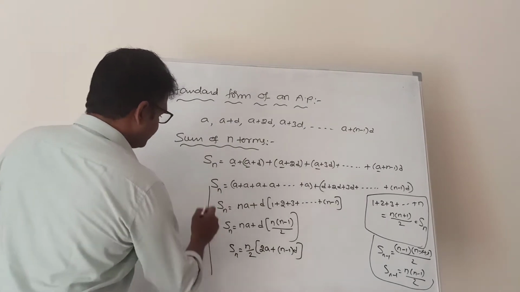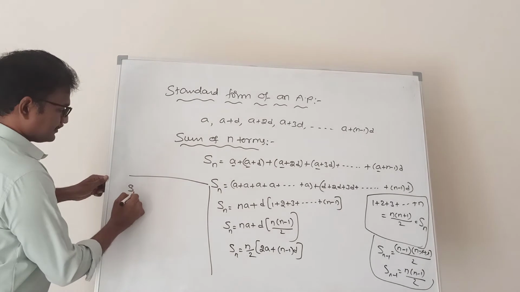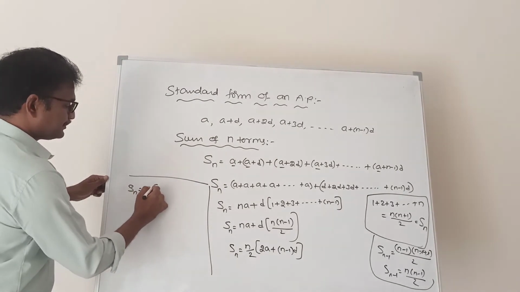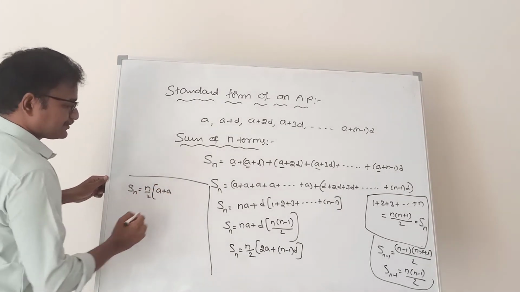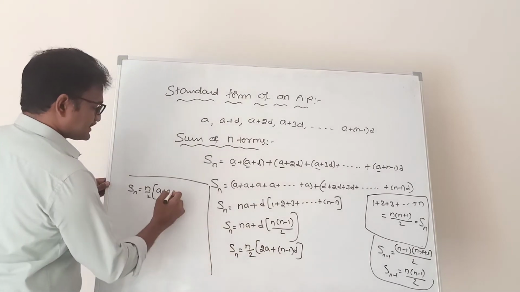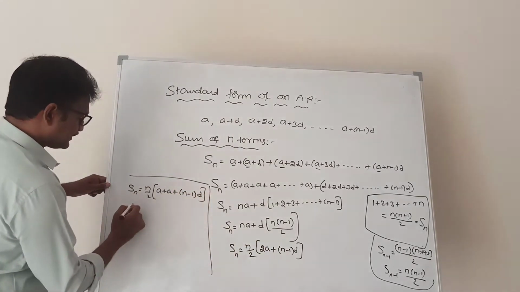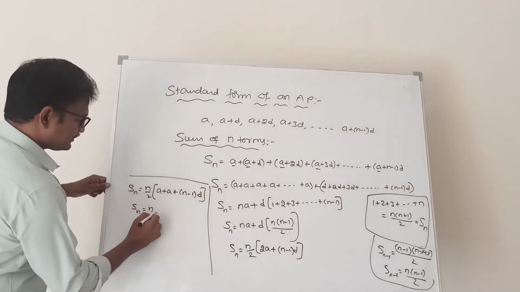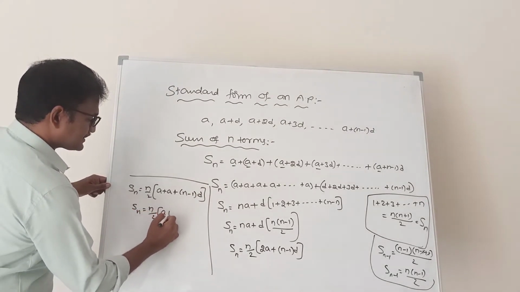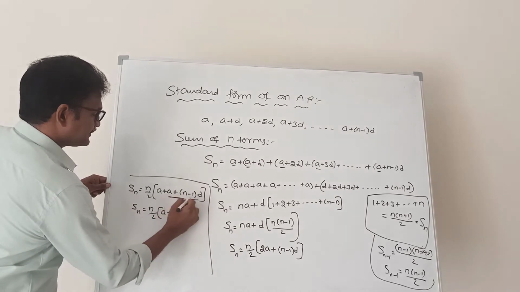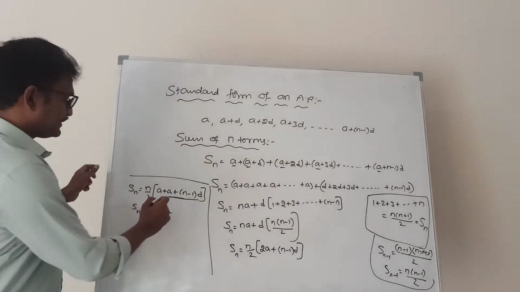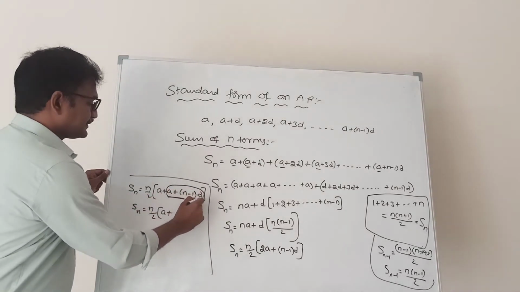Next, Sn is equal to n by 2 into 2A, and 2A means A plus A also, we can write: A plus A plus n minus 1 into D. Sn is equal to n by 2 into A plus, if you observe this term, A plus n minus 1 into D is the nth term.